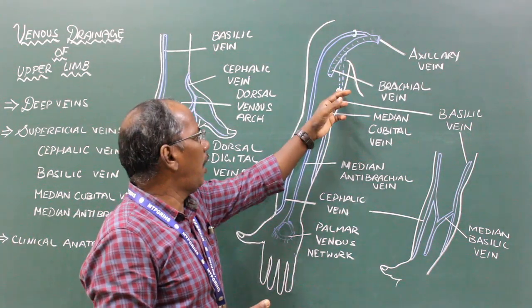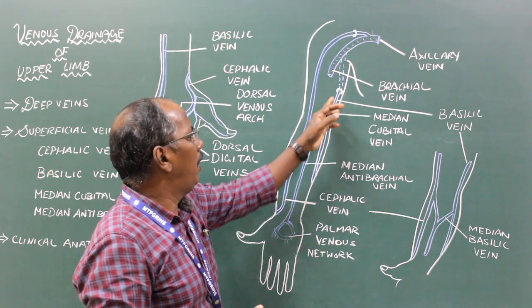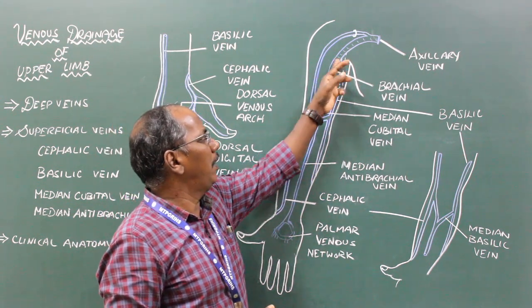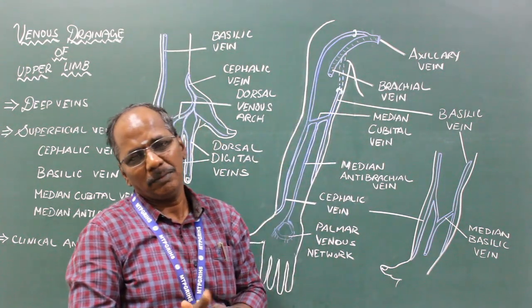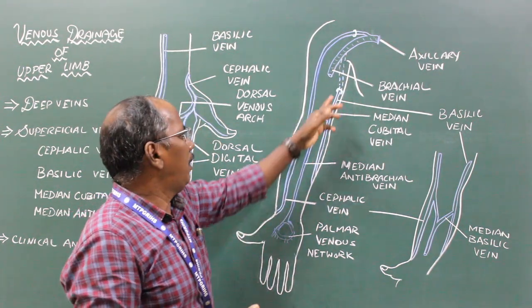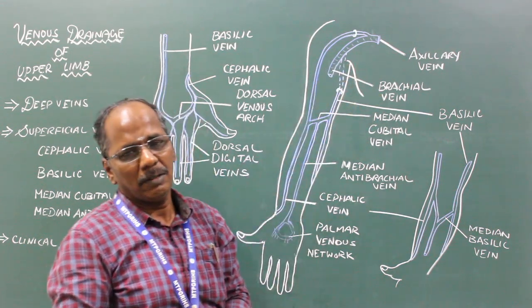In the middle of the arm, it pierces the deep fascia and finally it ascends up and ends in the brachial vein. Termination. It ends by terminating in the brachial vein.